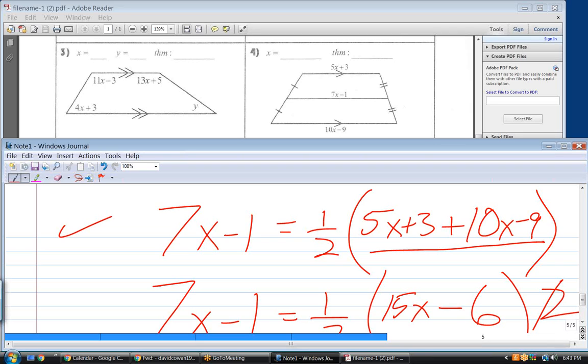I don't see it right offhand, but that's what it is. In other words, the definition of midsegment is the average base.